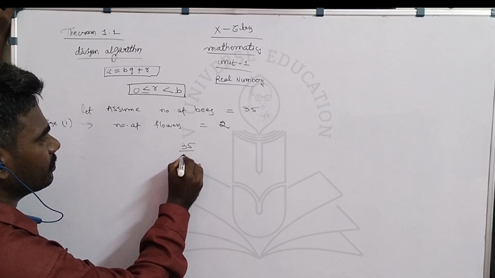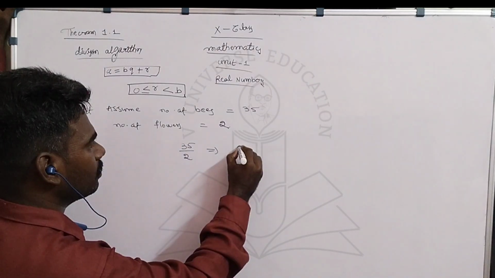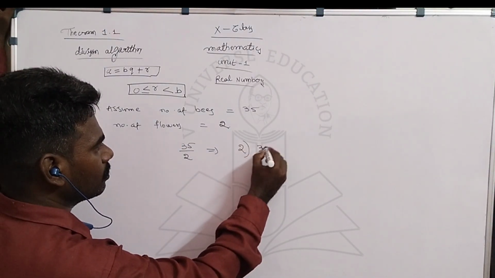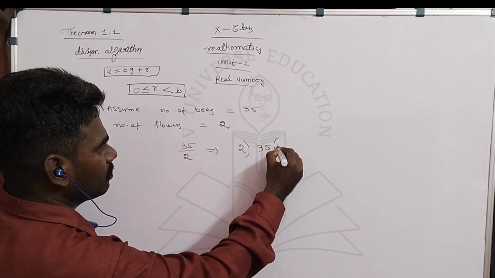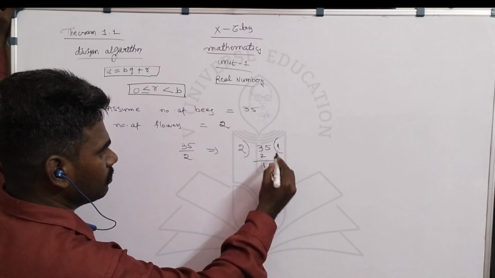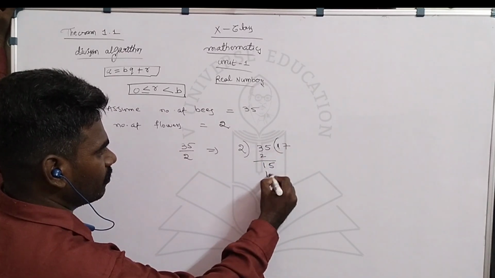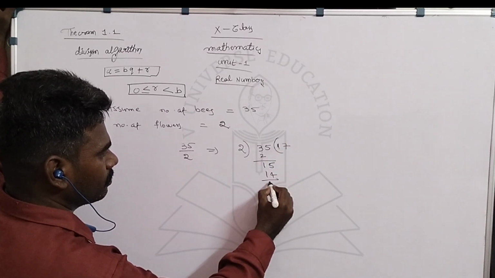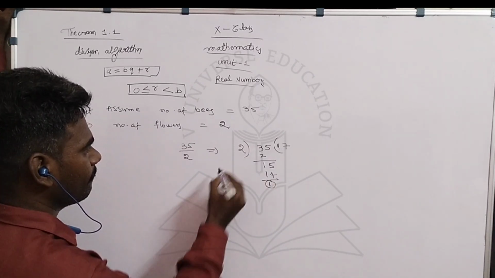35 is going to be divided by 2. 2 ones are 2, 2 sevens are 14. Here this is the remainder.